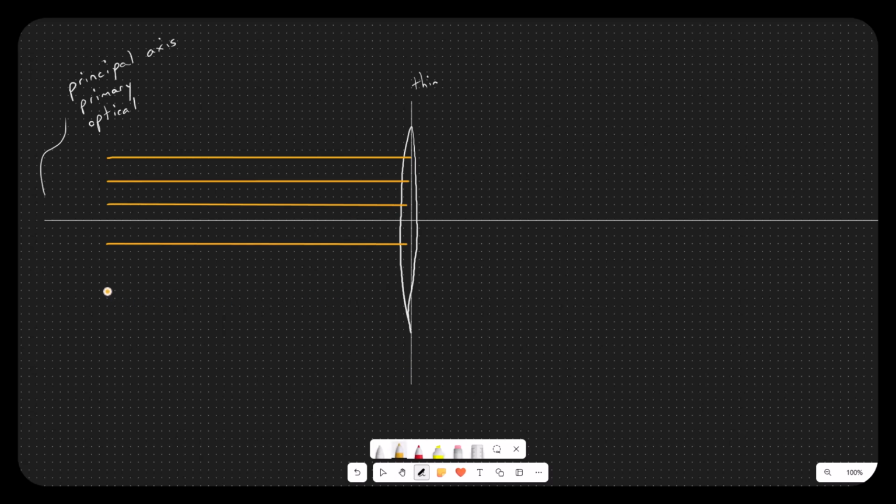What happens with a convex lens is this. These light rays that come in, they bend, they refract. And if I were to zoom in pretty far on this, I would see a surface that looks something like that, a light ray that's coming in this way. Here we go, we know what to do with this.